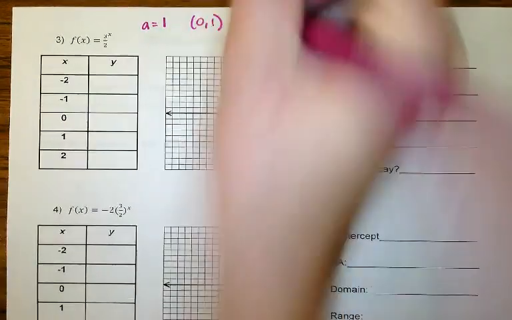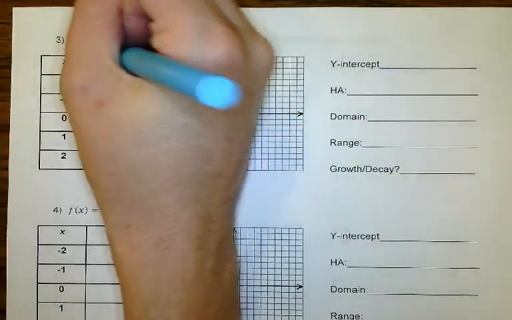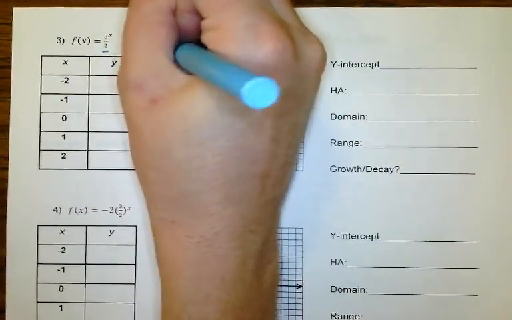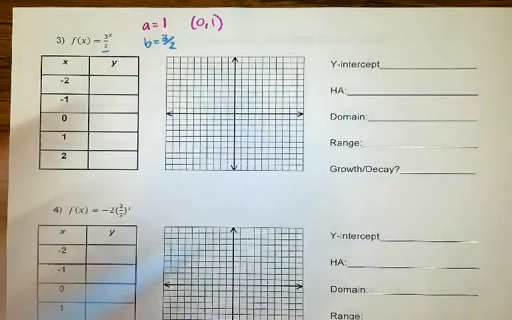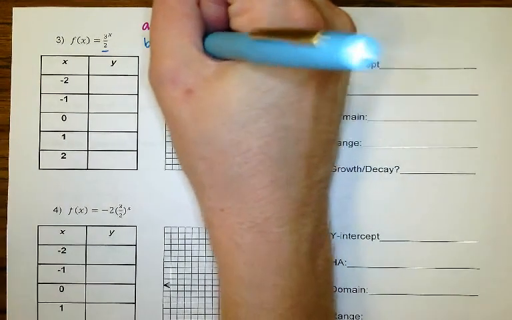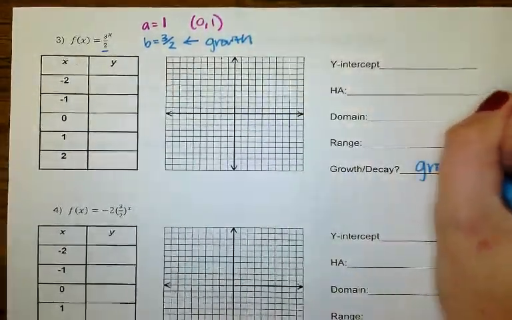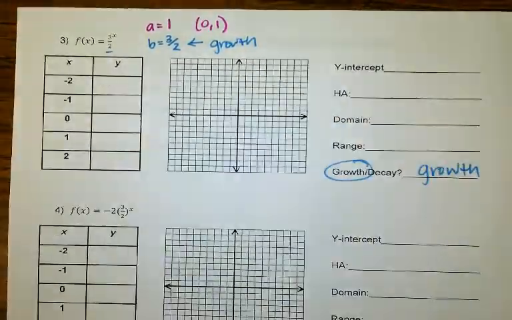My b value is 3/2. Well, guys, is 3/2 greater than 1 or less than 1? It's a fraction. It's greater than 1. So, guys, even though this is a fraction, it still represents growth because it's greater than 1.